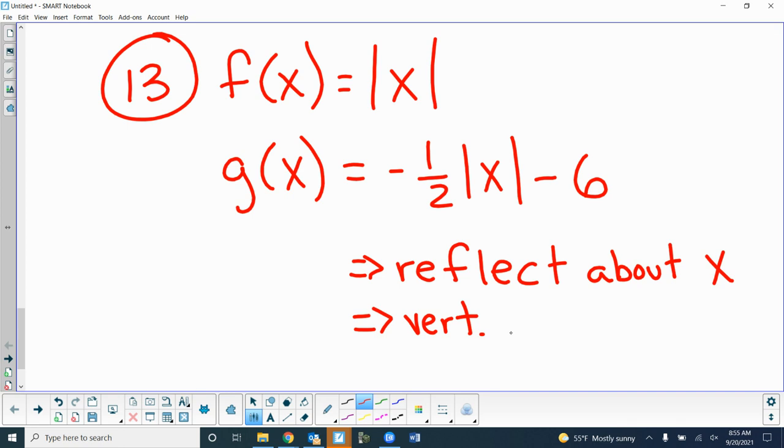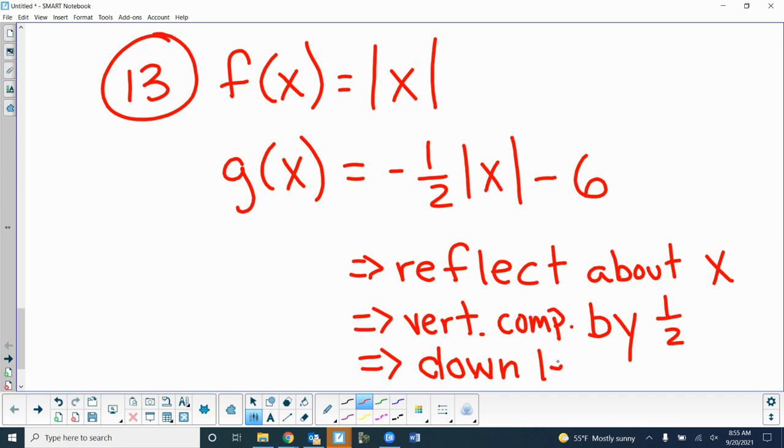By a factor of 1/2. And then the minus 6 tells us what? What do we call it when it just moves up, down, right, or left? What's the name of that transformation? Translation. Down 6. Right, translations are up and down, right or left.